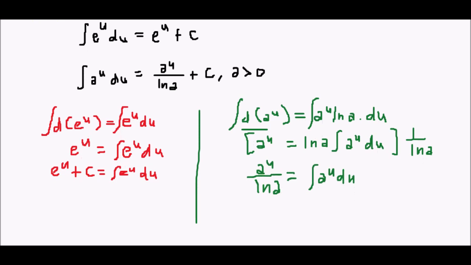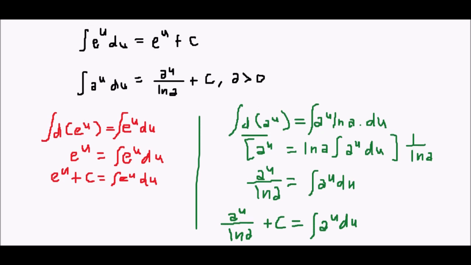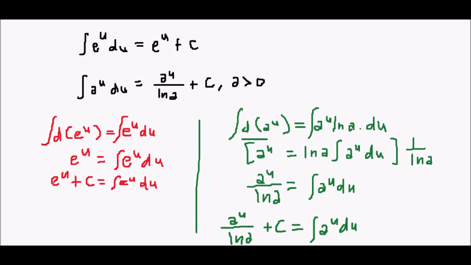So our formula now becomes a to the u over ln a plus c, which is equal to the integral of a to the u du. And there you go, the derivation of the two integral formulas which involve exponential functions.